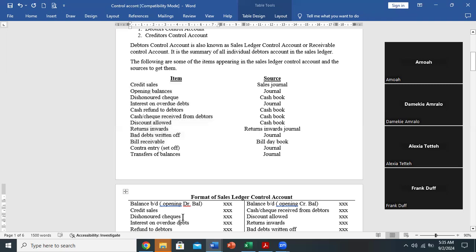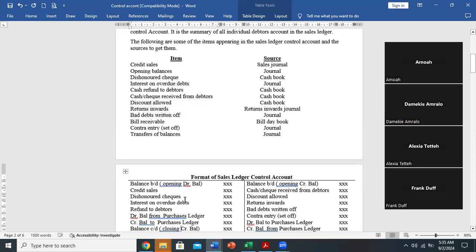I think we spoke about the dishonoured cheque too, and we saw it restores or increases the debt back to its original state, so it is debited. When you charge interest, somebody is owing you and you are charging the person interest, then the debt will increase. So that one will also be debited. If you look at the credit side, you have things like discount allowed. If you allow your customers discount, it decreases how much they owe you. Returns inwards will decrease it.